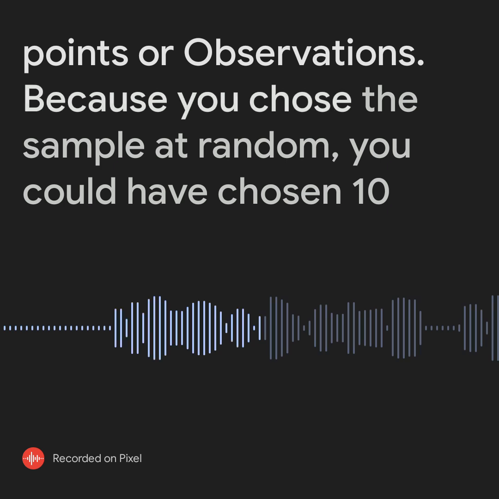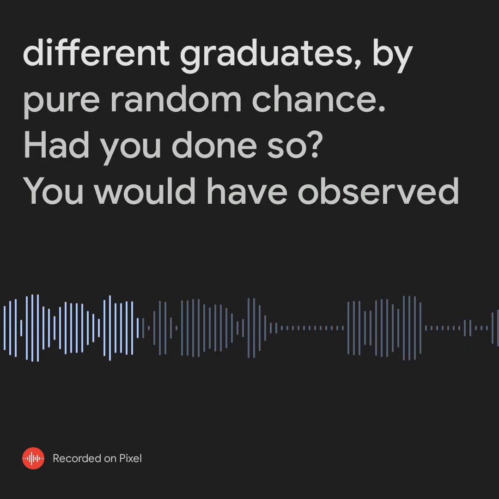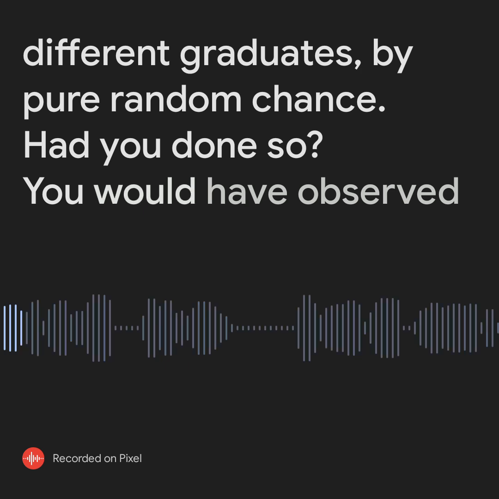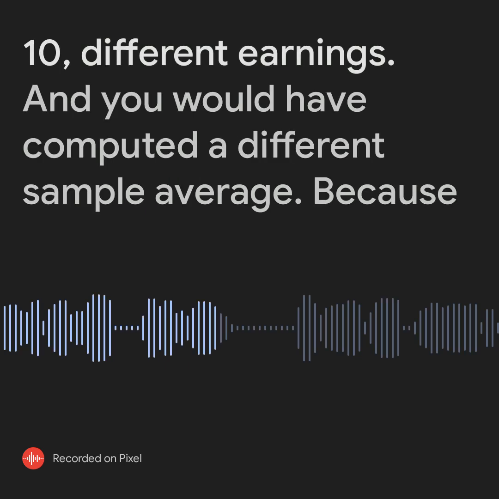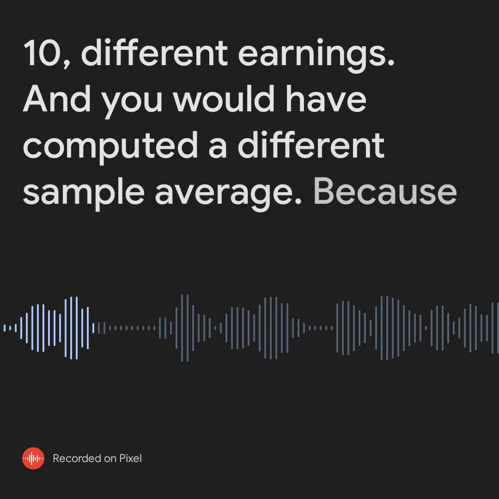Because you chose the sample at random, you could have chosen 10 different graduates by pure random chance. Had you done so, you would have observed 10 different earnings, and you would have computed a different sample average.